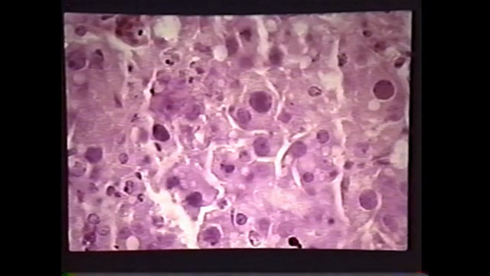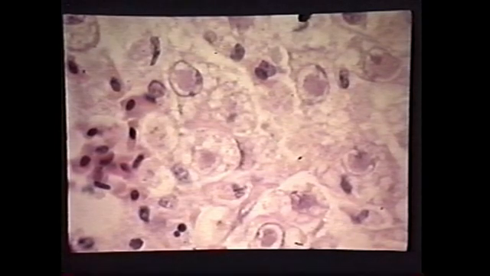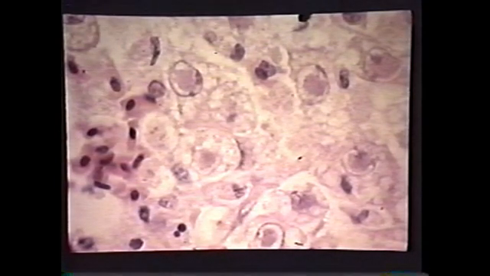So early stages have basophilic inclusion bodies, which represent the virions, the virus itself. The eosinophilic ones represent the capsid and capsomeres of a dying virus. You may see both in the same section of the liver.